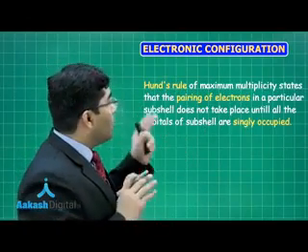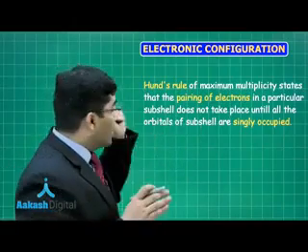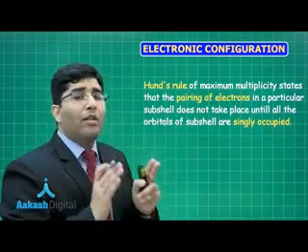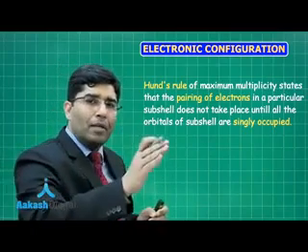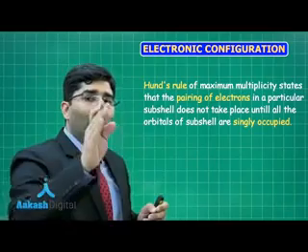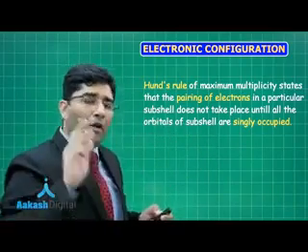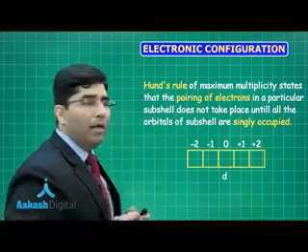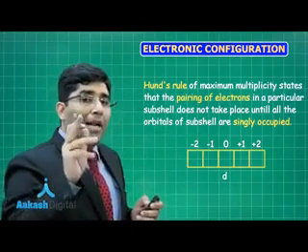Now, this rule says that the pairing of electrons in a particular subshell does not take place until all the orbitals are singly occupied. Means, if you are filling the subshell, then you have to fill the orbitals singly first, then pairing is possible. For example, if we have a d subshell, then we can fill 10 electrons in it.